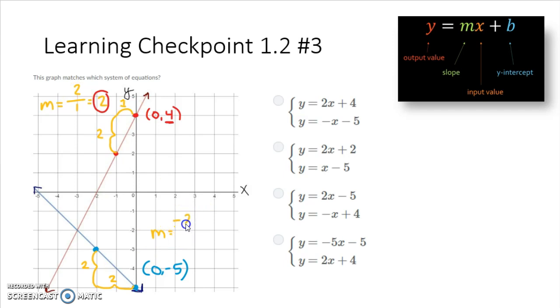I went down 2, so I'm going to make my rise negative, and then my run was 2. -2 divided by 2 is -1. So the slope of the blue line is going to be -1, and then the y-intercept of the blue line is going to be -5. And you will match the correct answer choice that contains the two equations that you would make from the information I wrote on the board.